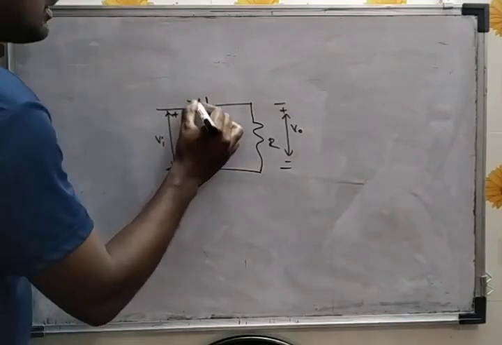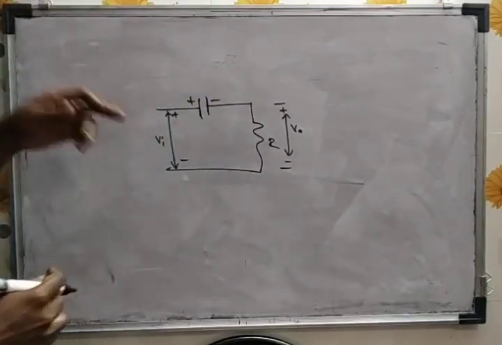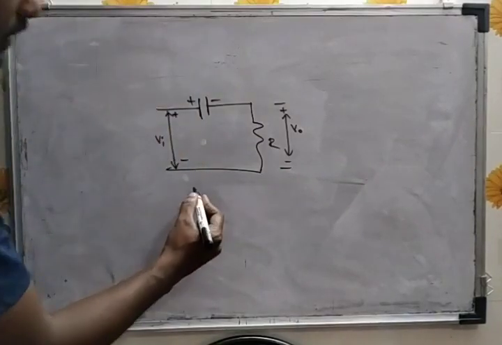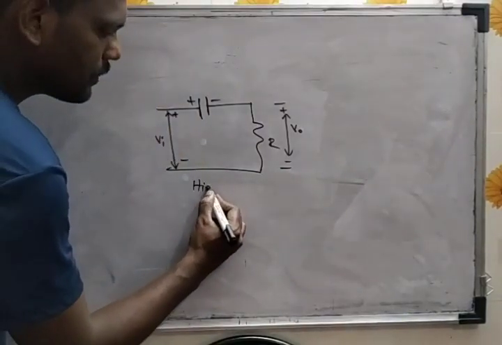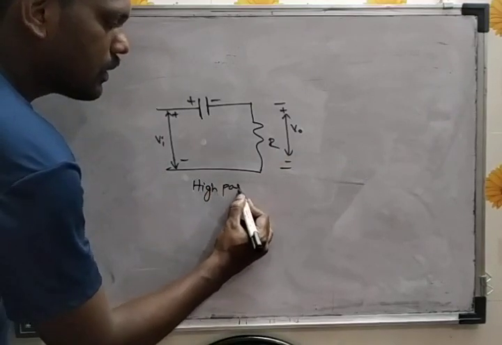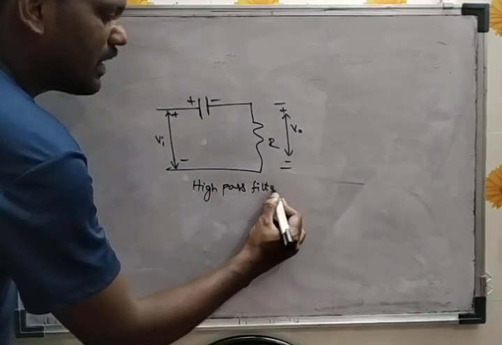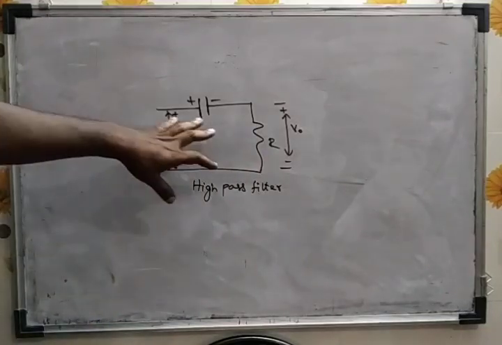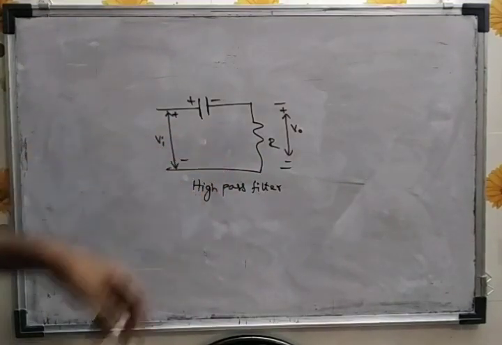So this circuit is basically a high pass filter. It allows high frequency components and it rejects low frequency signals.